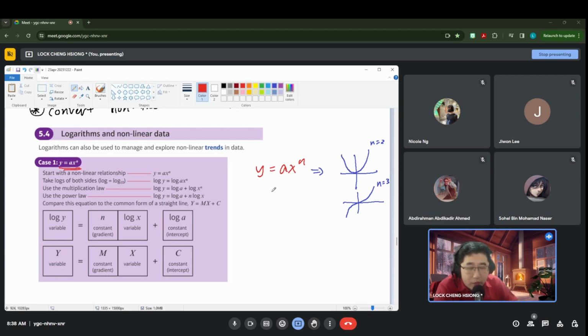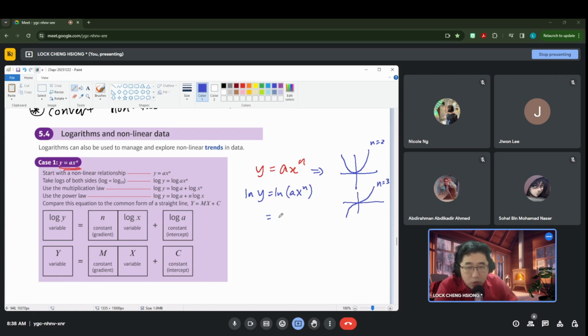the y equals mx plus c form, in order not to confuse you, this one over here in red color, I write the y and x as curvy y and curvy x. Then we apply the algebra. Using log, we can write ln y equals ln of ax power n.